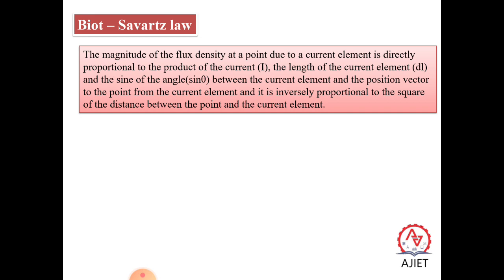It states that the magnitude of the flux density at a point due to a current element is directly proportional to the product of the current, the length of the current element, and the sine of the angle between the current element and the position vector to the point from the current element, and is inversely proportional to the square of the distance between the point and the current element.